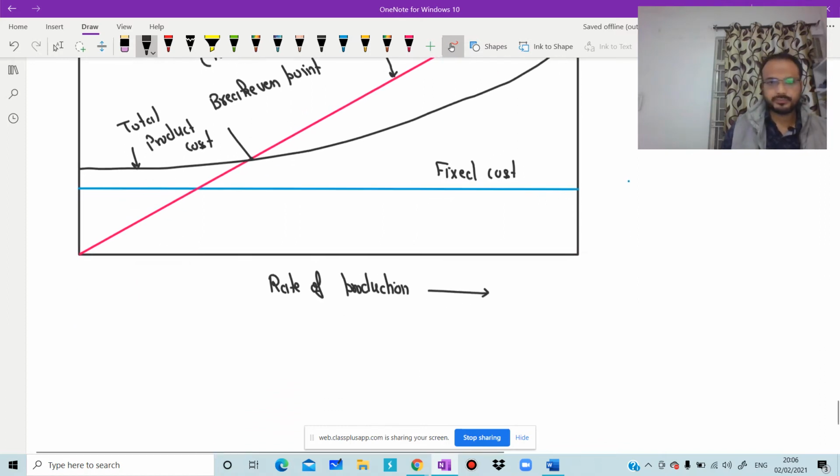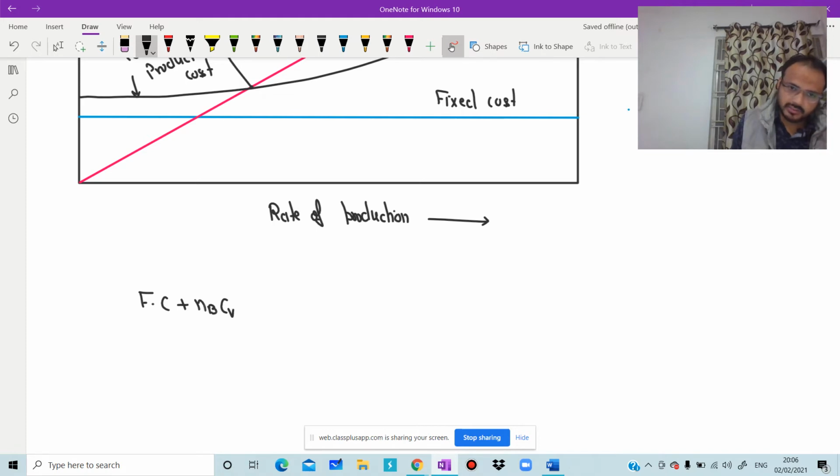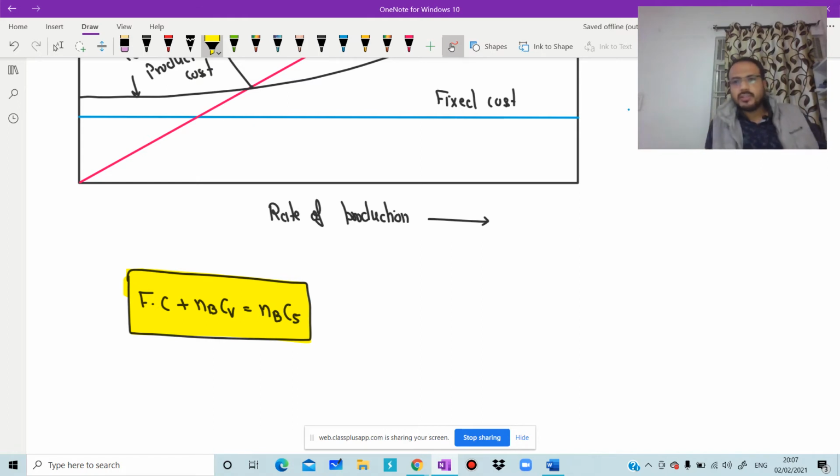It is a break-even chart. So write down fixed cost. How to calculate the break-even number? NB into CV, NB into CS. Fixed cost plus variable cost is equal to total cost. It will provide you the value of this one.